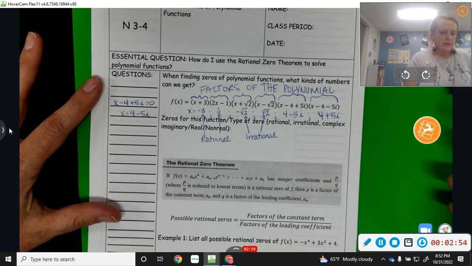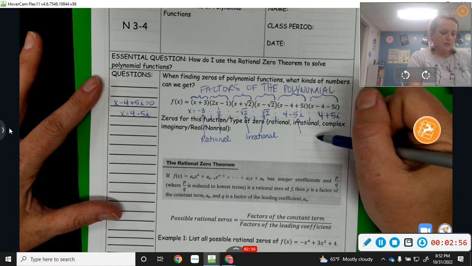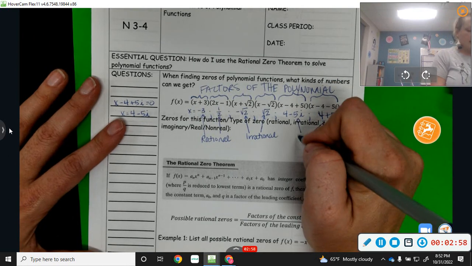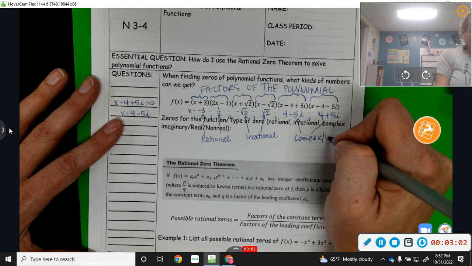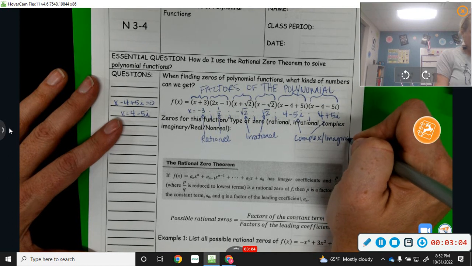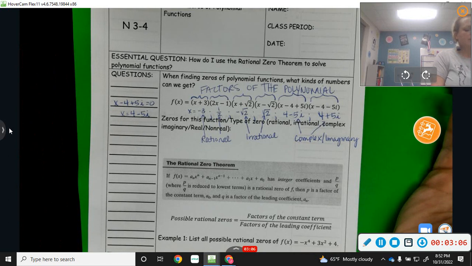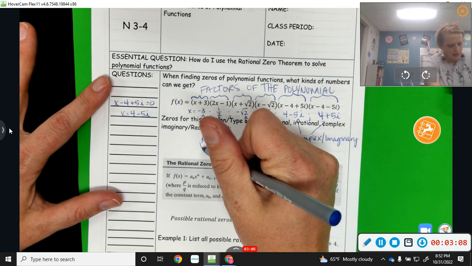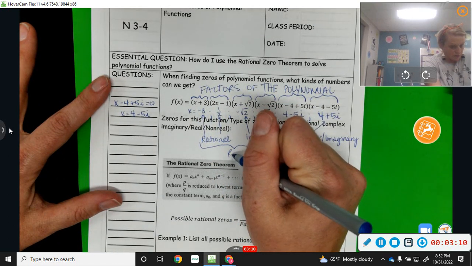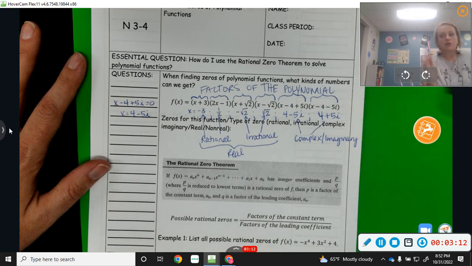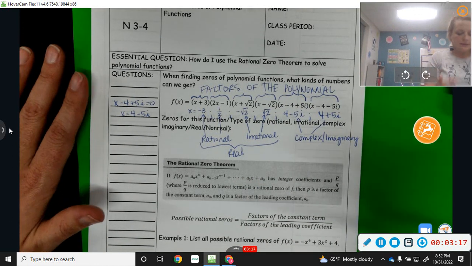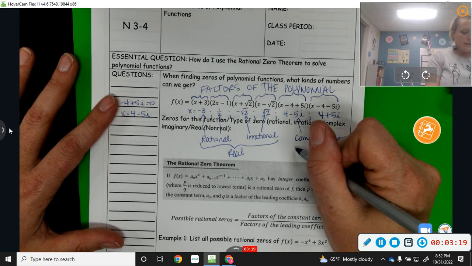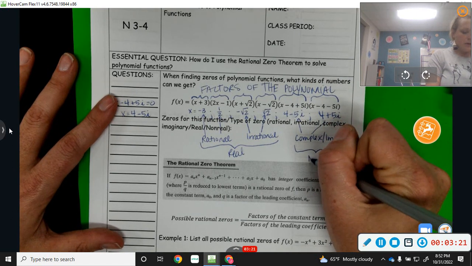And then these last two are complex or imaginary. And even these can be separated into two categories. So these two things are real roots. They occur on the number line. So these are where the polynomial will cross the x-axis specifically. And this is called a non-real.